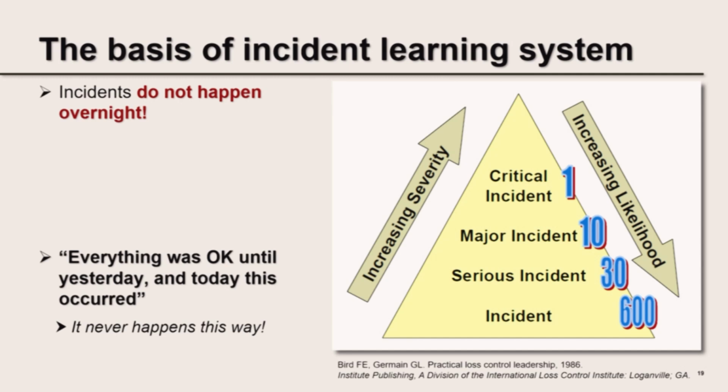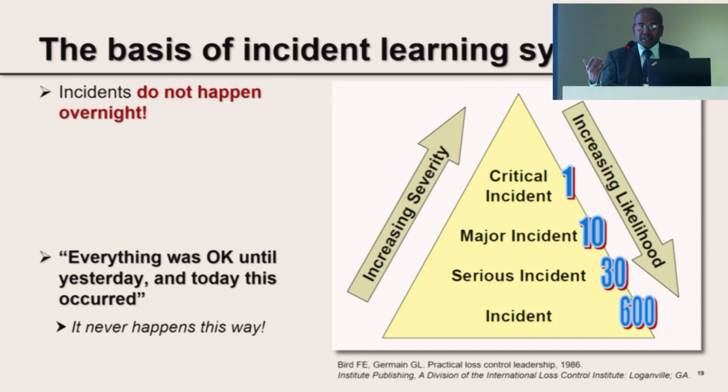Perhaps you noticed them, but did not record them. And there were 30 serious incidents which had earlier happened. Perhaps you saw them, but you haven't taken efforts to learn from them. Similarly, there were 600 incidents that must have happened, and you didn't take efforts to learn. This is the basis of the radiation incident learning system.